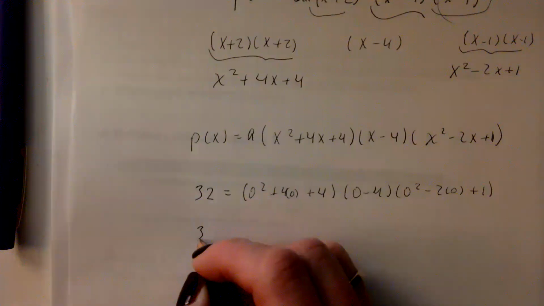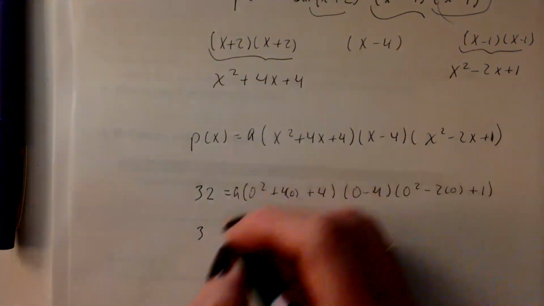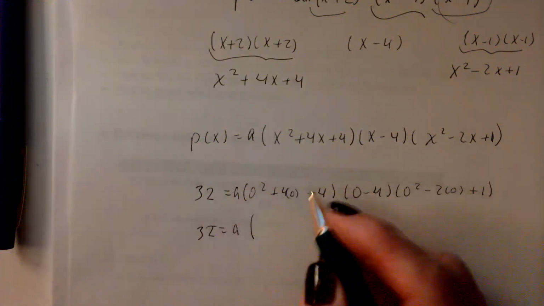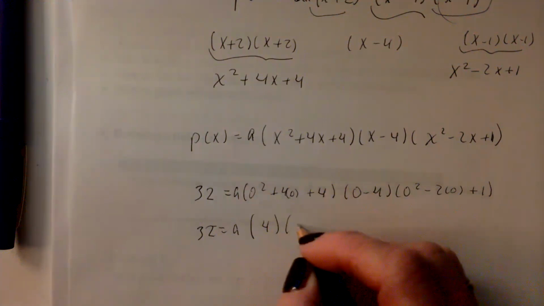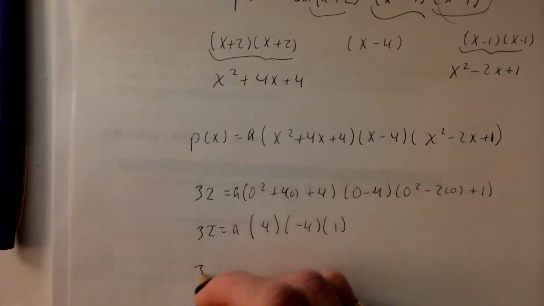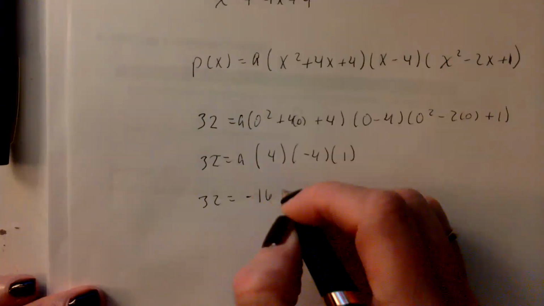So we're going to solve for a here. 32 equals a times 4 times -4 times 1. So 32 equals -16a.